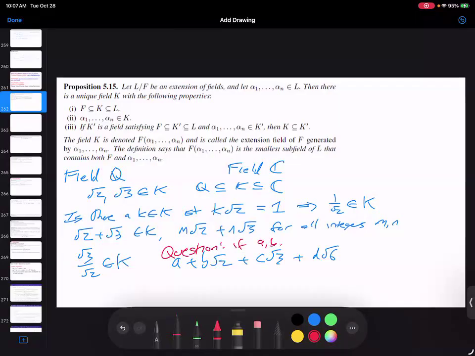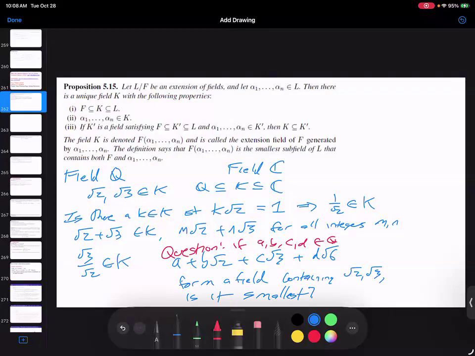If a, b, c, d are rational, does this form a field containing square root of 2 and square root of 3 as its smallest? I know I clearly need stuff of this form.